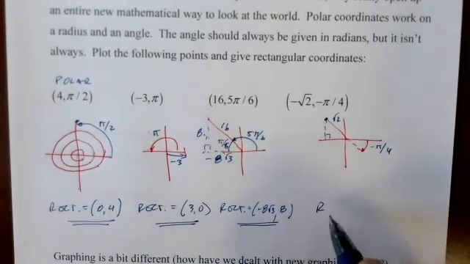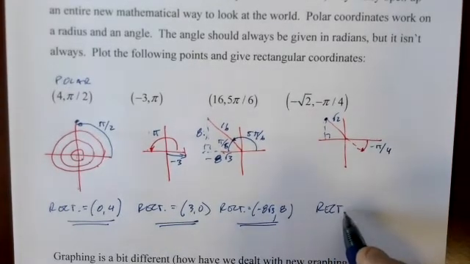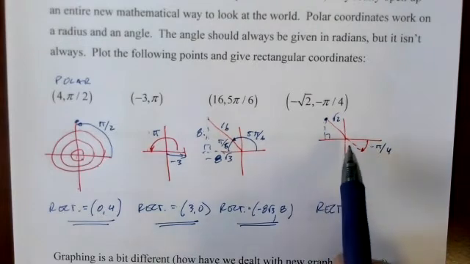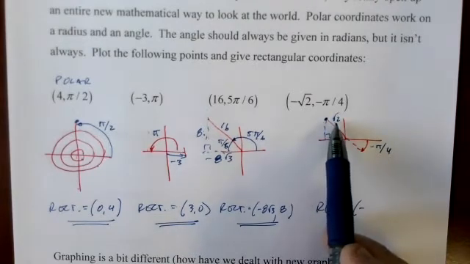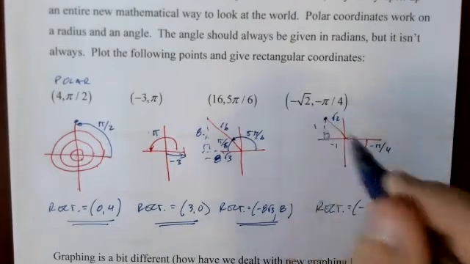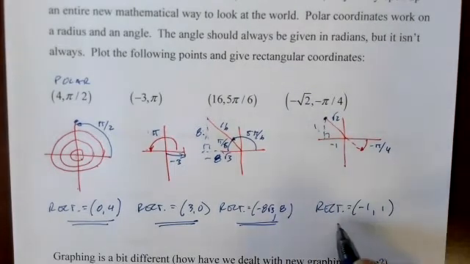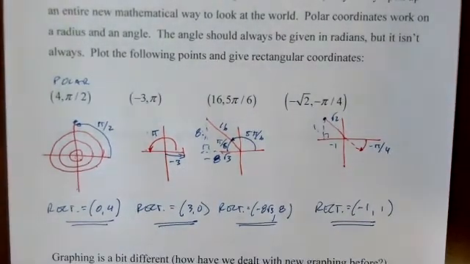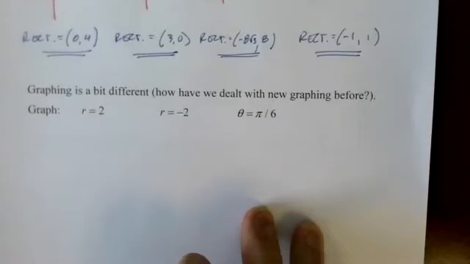So one more time in rectangular, negative. Root 2, to go from here to here, we divide by root 2, 1 and 1, negative 1 and 1. And if you're ever not sure, you need to look at these in terms of rectangular and go backwards to polar coordinates. So tricky, gotta be on top of it.